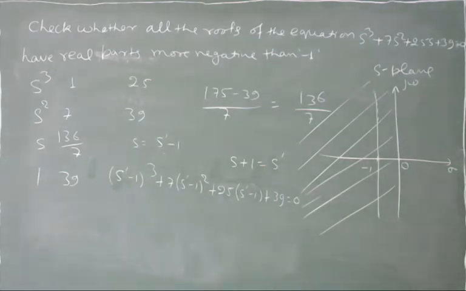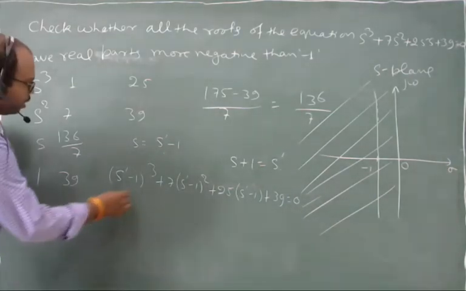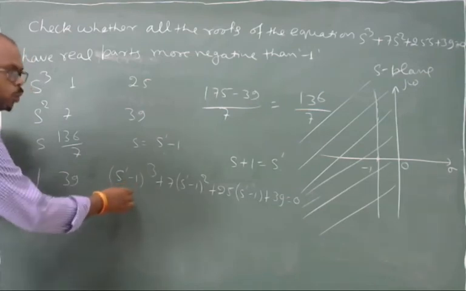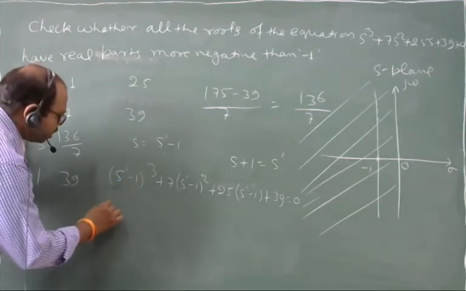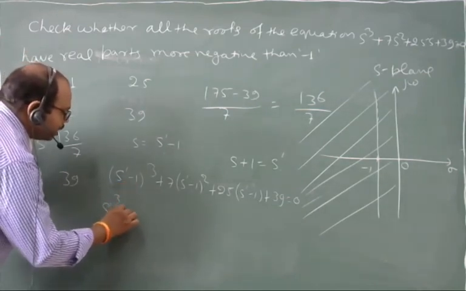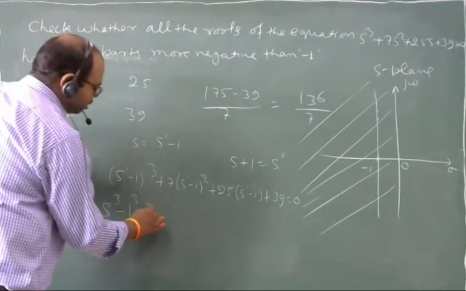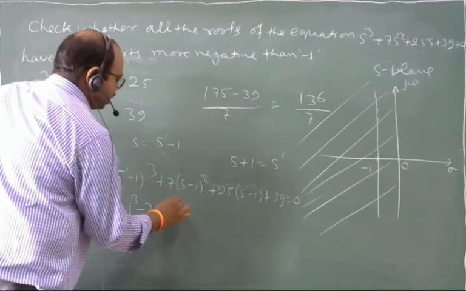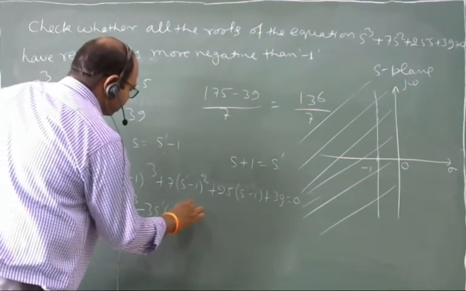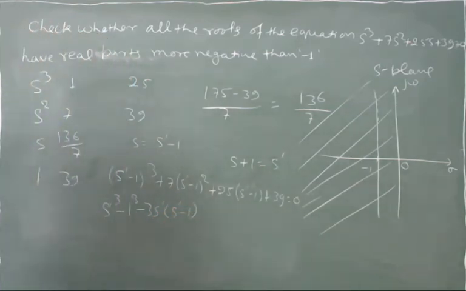Right? And after solving this equation, this is a minus b whole cube. So a cube minus b cube minus 3ab into a minus b. Right?